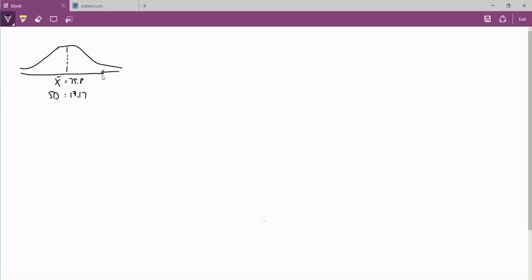I am interested in knowing what proportion of my students earn way over here, 90% or better. So I would like to know this area under the curve.